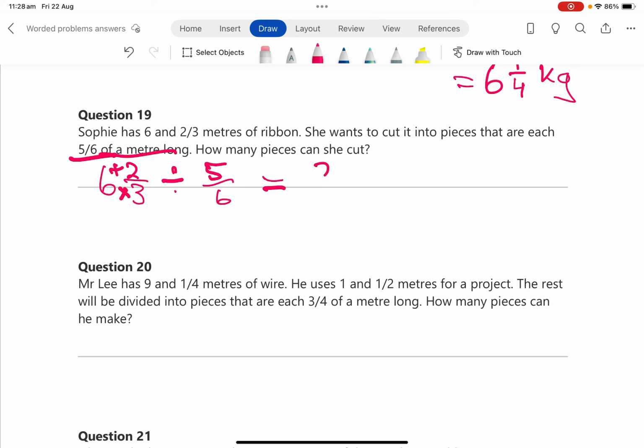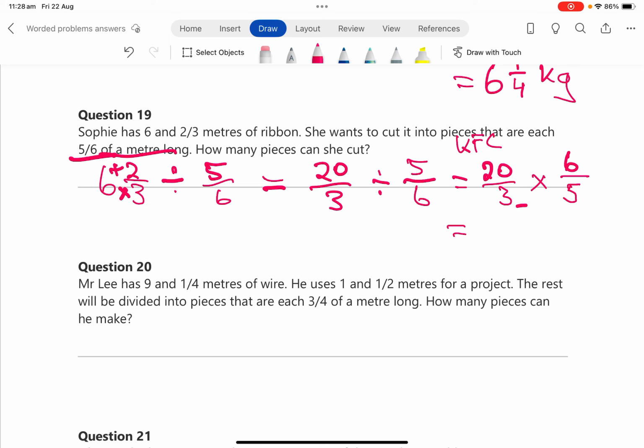So 18 plus 2, we've got 20/3 divided by 5/6, and I have miswritten that. 20/3 divided by 5/6, we end up with 20/3 times 6/5. Just to be clear, that was using our KFC method. Once again, with the multiplying fractions, I can do some simplifying. So I can treat this as 20/5 times 6/3, which makes it 4 times 2, or 8. And that's my final answer.